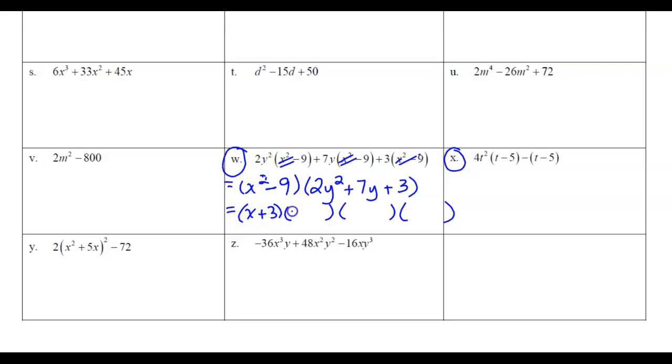Only choice for the first terms from the trinomial are 2y and y, because 2 is a prime number. Two numbers that multiply to 6 and add to 7 are 6 and 1. So that would have to be plus 3 plus 1.